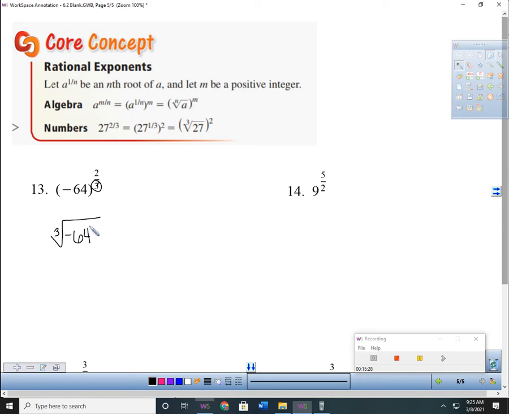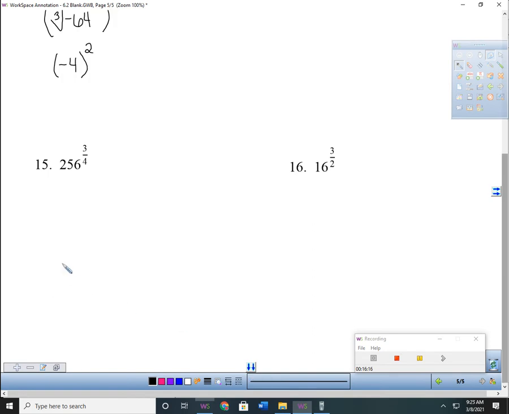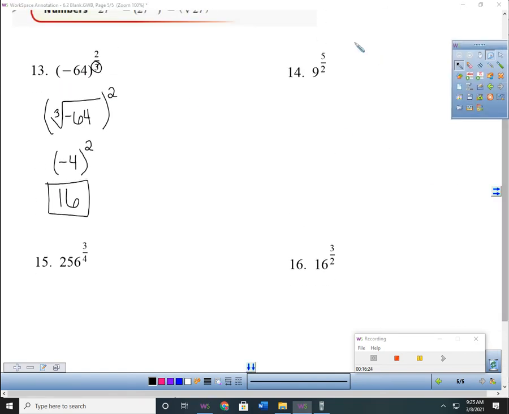But if I put the 2 under here, then I'm going to get that really big number, right? So this one, it's actually easier to take it and put it on the outside as the exponent. Then, since I know that's a perfect cube already, I can take the cube root of it. So what number times itself 3 times gives you negative 64? Would be negative 4, right? So inside here, that's negative 4, but I still have to take it to the second power, and negative 4 squared is 16.